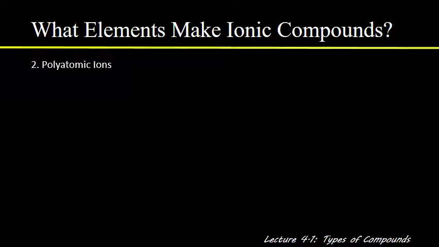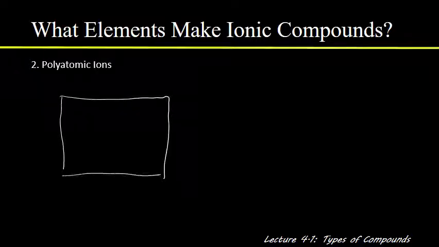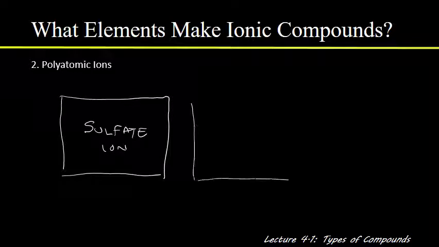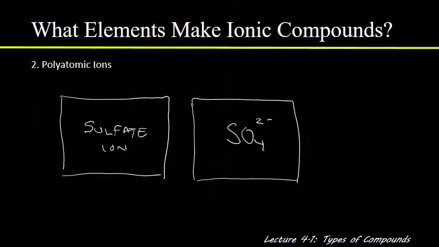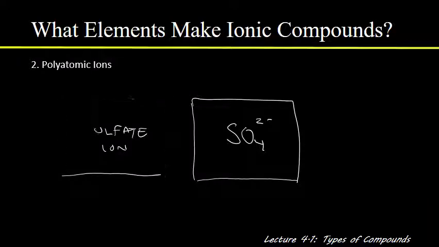So first thing I would recommend is making some flashcards with the name on one side and the formula and charge on the other side. It's going to be really important that you're familiar with all of those polyatomic ions on that sheet.